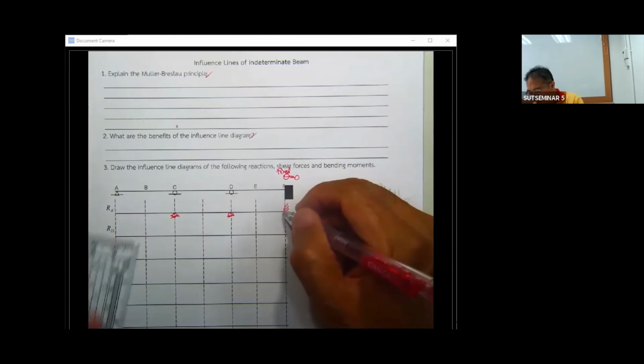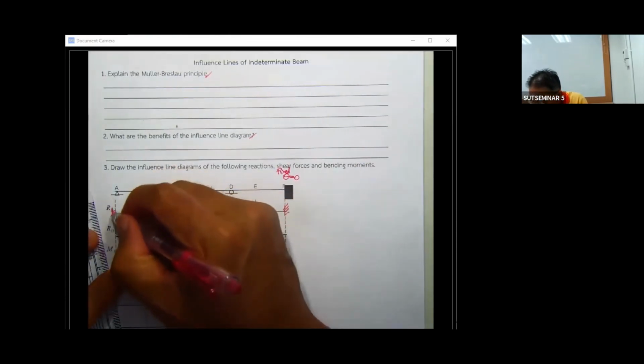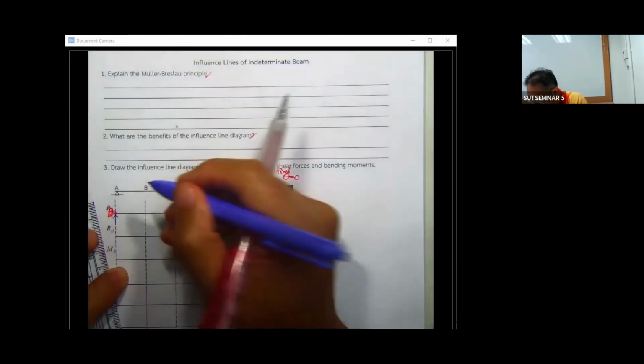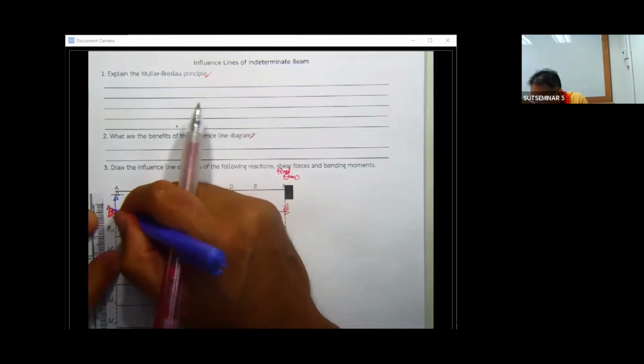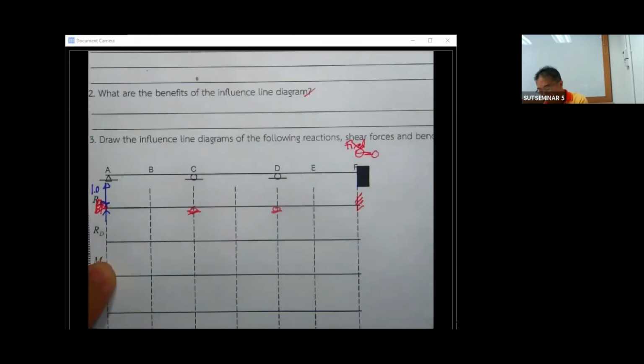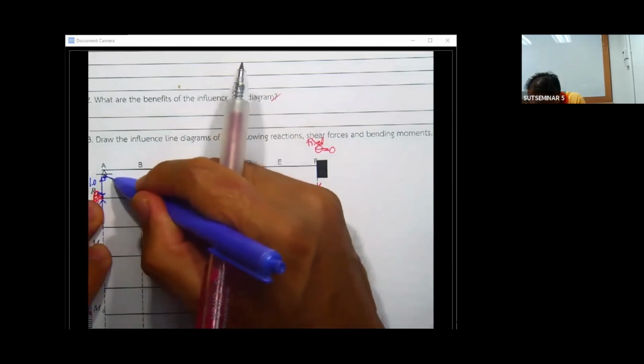What I'm going to do is release this one to be the roller here, and then I put a force to move this one upward by 1.0 unit. When this one moves 1.0 unit, this beam is going to rotate and deflect like this.